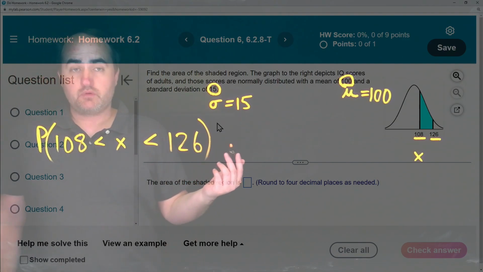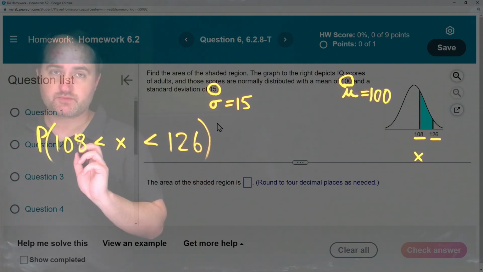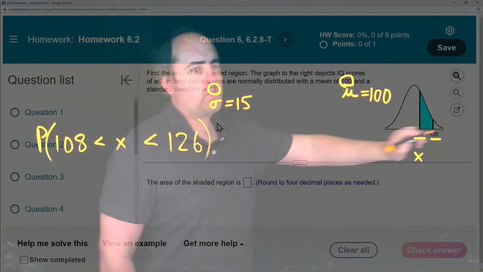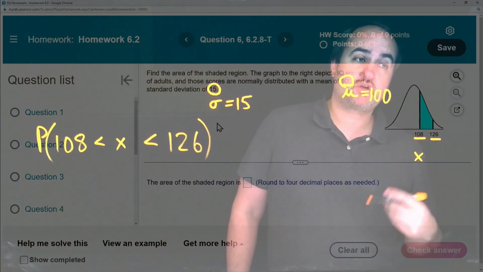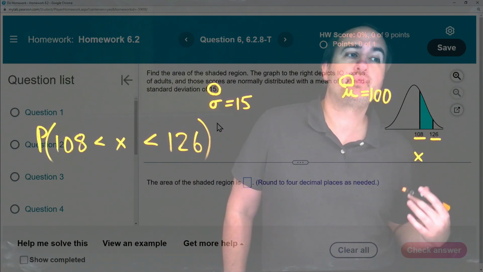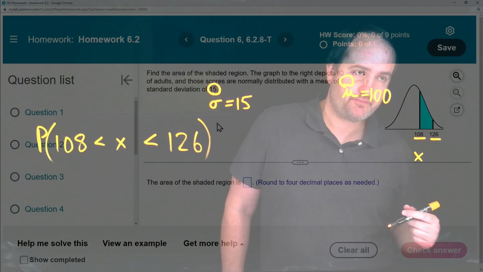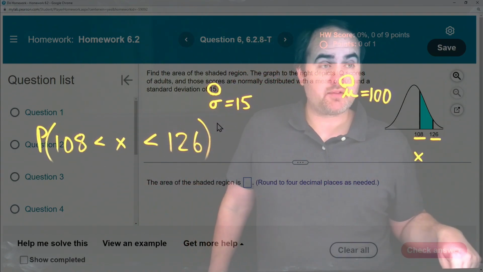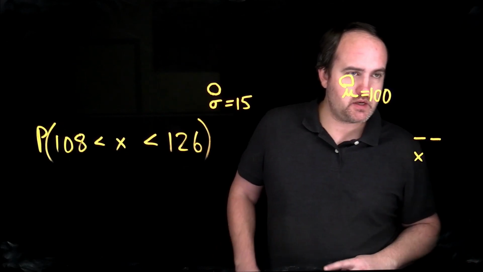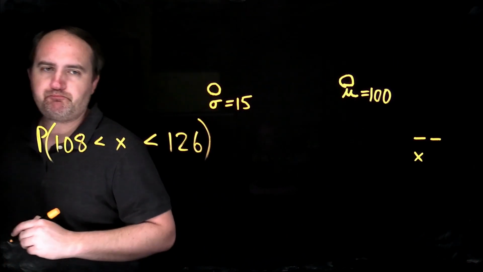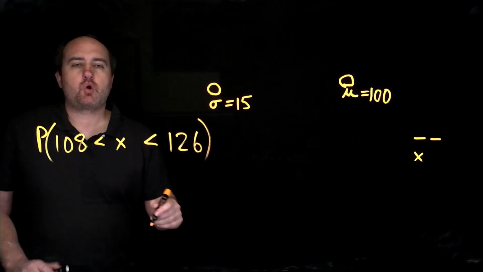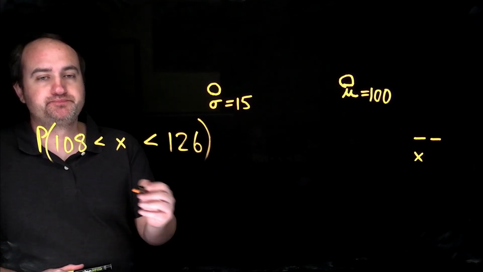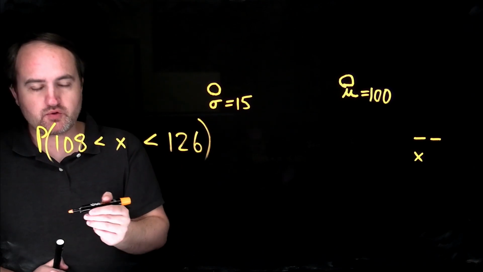Because we have two x scores here, 108 and 126, we have to use a conversion formula for both of them so that they're both z-scores. And then we'll be doing the area in the middle formula that we learned about last time. Let me switch to just the camera so it's easier to read. We're going to be converting these using the z-score formula: z equals x minus mu over sigma.